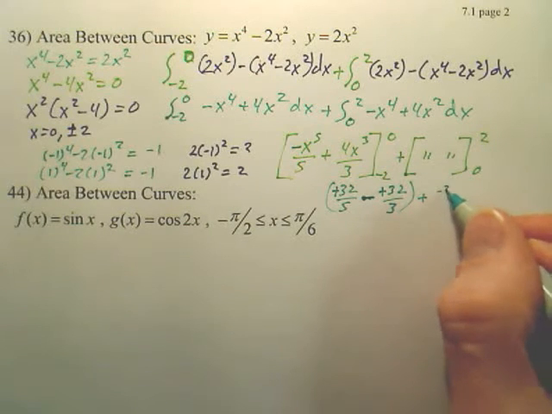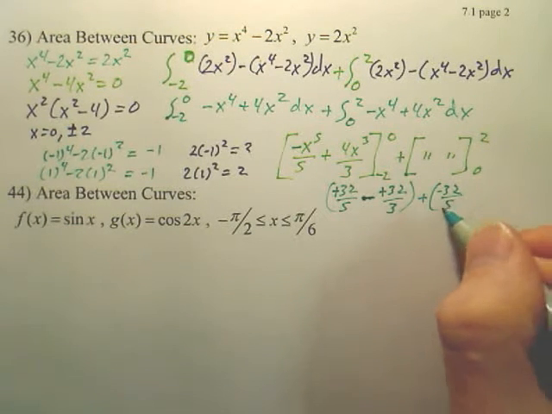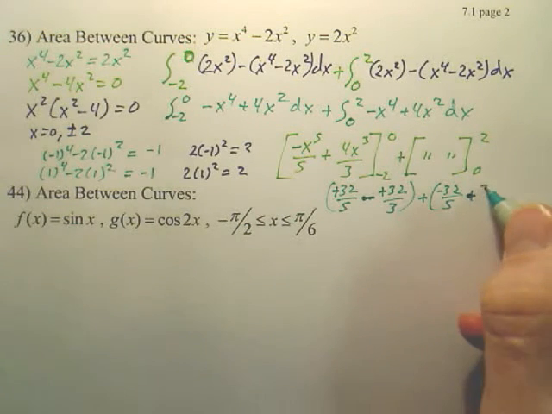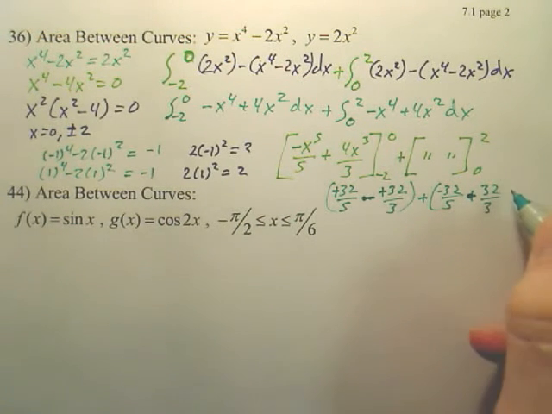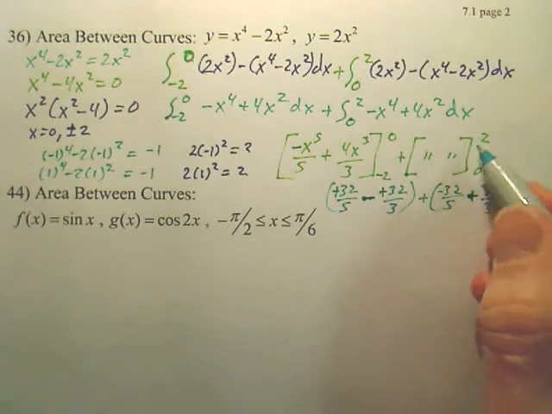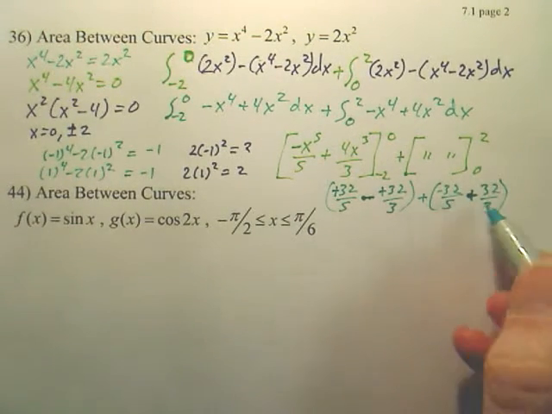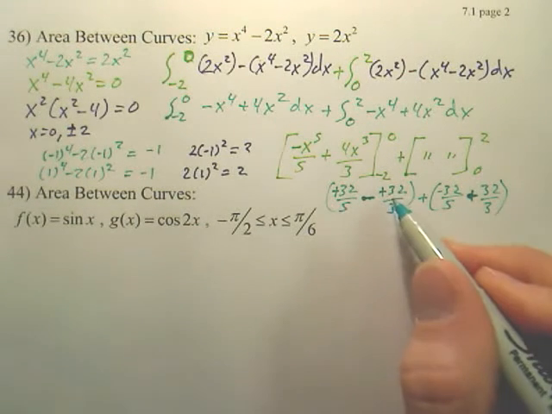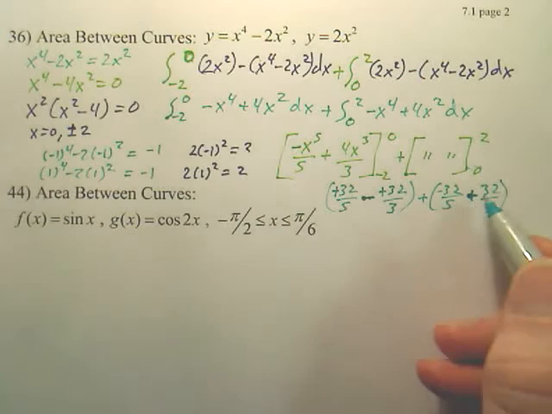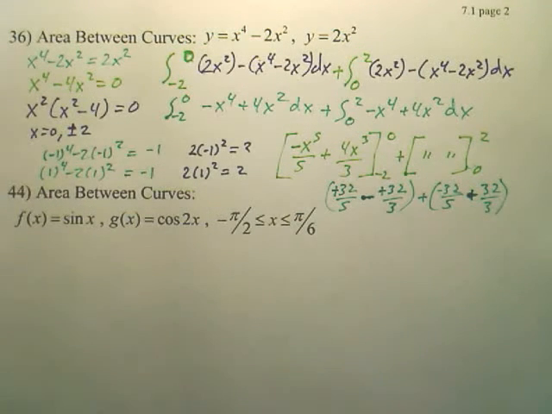This one would be a negative 32 over 5 plus 32 over 3, negative. Okay, does that look right? This one's negative, this one's positive, this one's positive, this one's negative. And then plus 0, can I ignore the 0? So won't it basically be this right here?